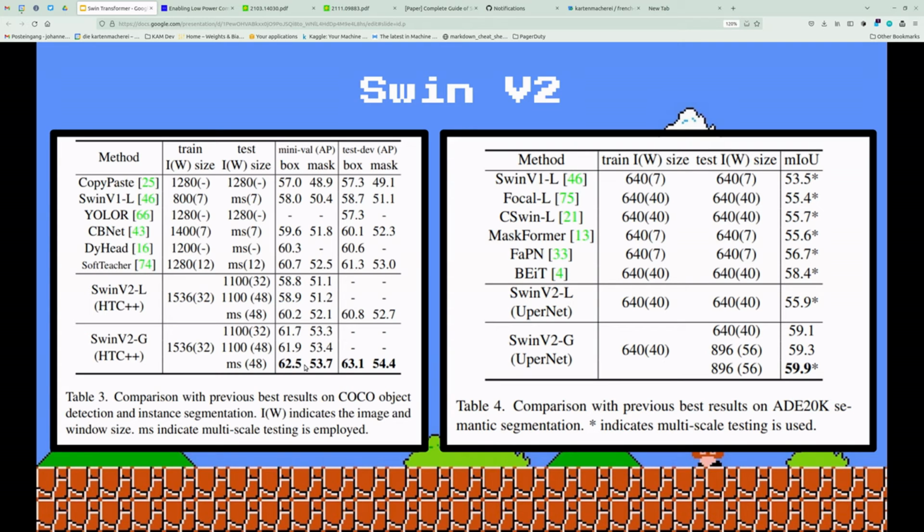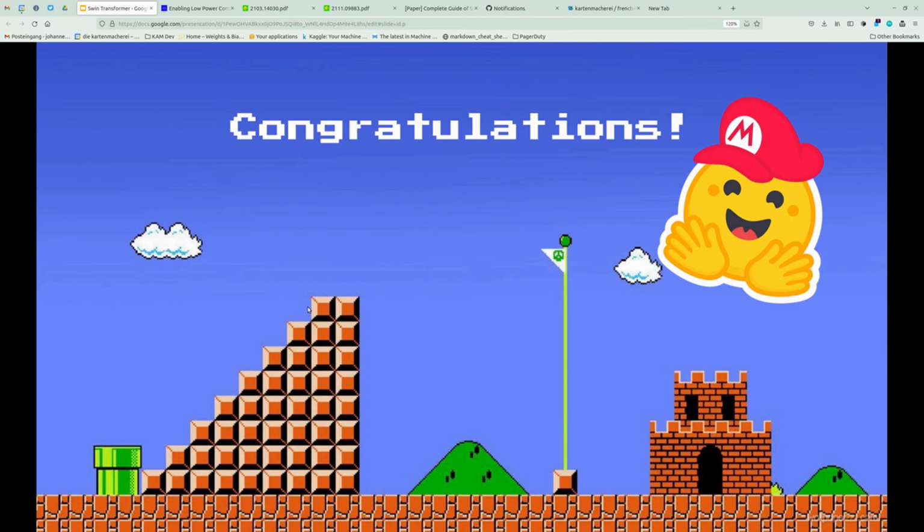In the end, they show that their giant model just beats everything. But then again, it's a giant model, and it is quite big and can do a lot of stuff very well. Okay. In the end, congratulations, you made it to the end.